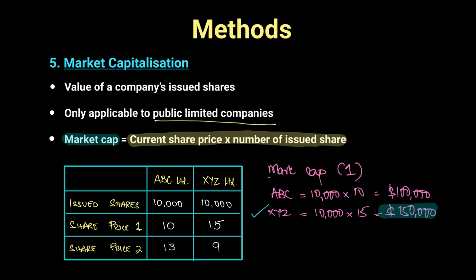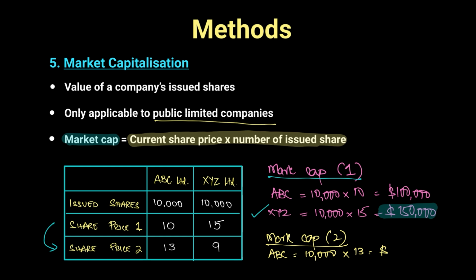Now that was only true for market cap situation 1. And we've just discussed that the share prices can fluctuate, can go up and down in a matter of minutes, hours. So if something like that happens and the share prices change from scenario 1 to scenario 2, I'm just going to calculate that here, market cap number 2. ABC this time around, they still have 10,000 shares, but the share price has gone up to 13, which gives them a market cap of $130,000.